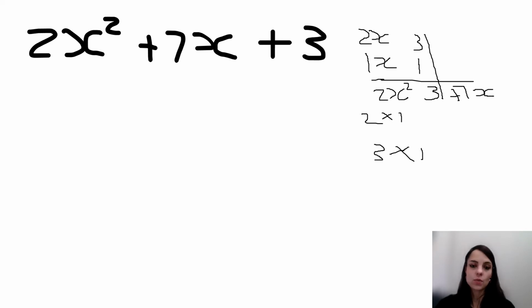And now this is where the cross multiplication is very important. We would say 2 times 1 is 2x. And 1 times 3 is 3x. But then we see, oh, now we have a problem, because 3 and 2 will never give you 7. Then you see, okay, something will have to change. Let's erase.